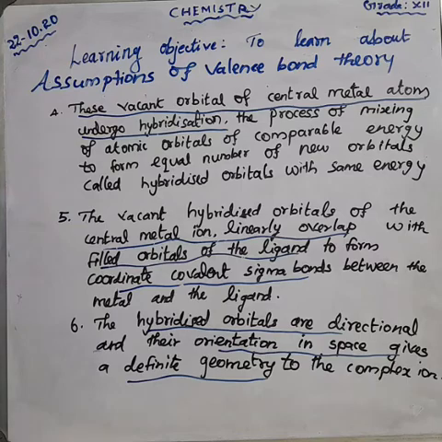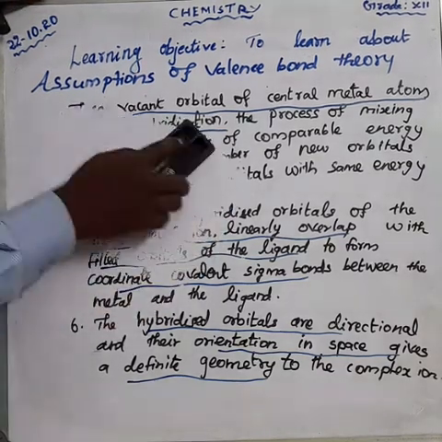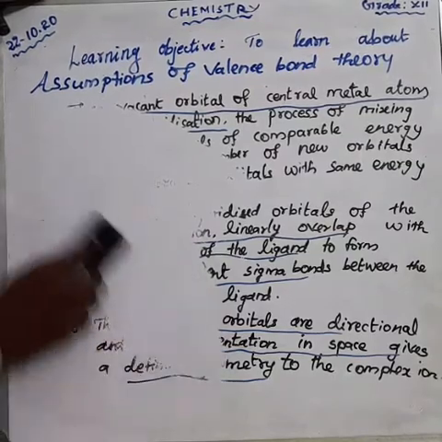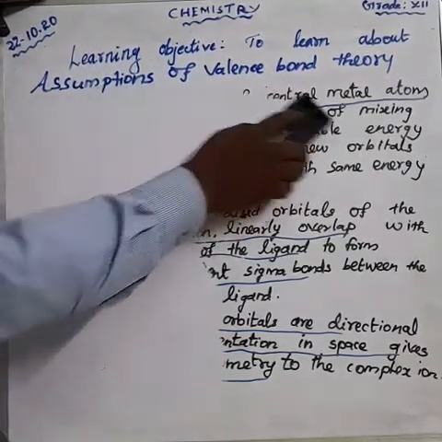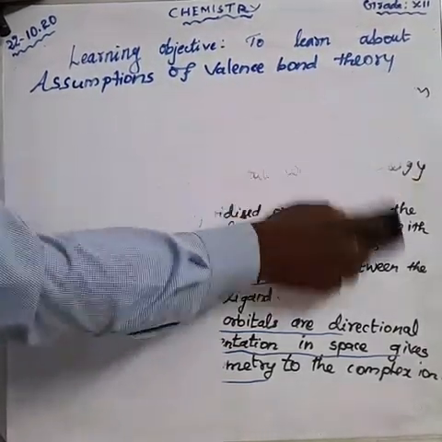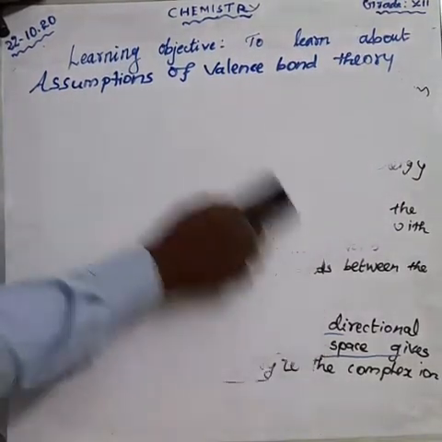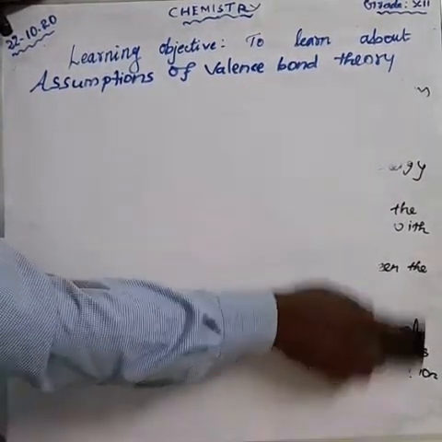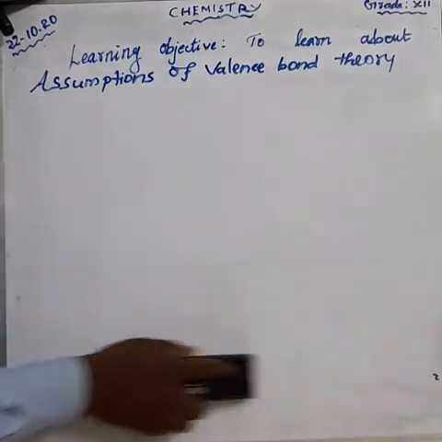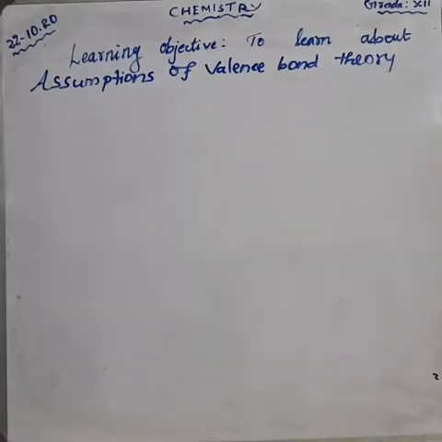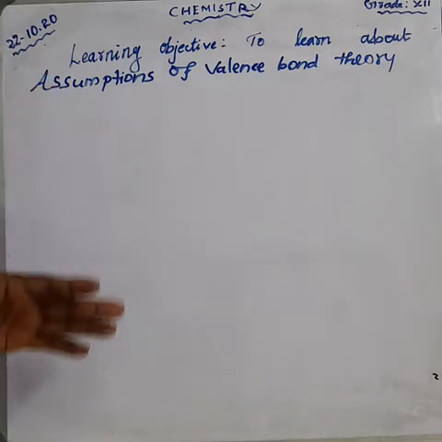Next, we can learn a tabular column of coordination number, hybridization, and geometry. These are very important one-word answers for each one. If the coordination number is 2, what is the hybridization?